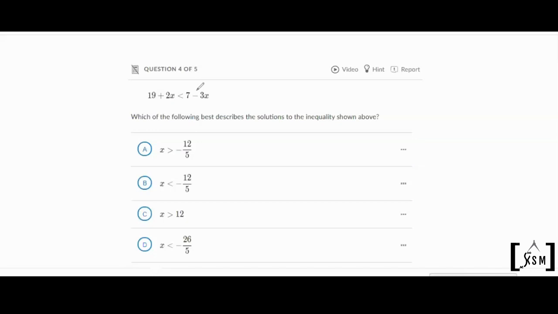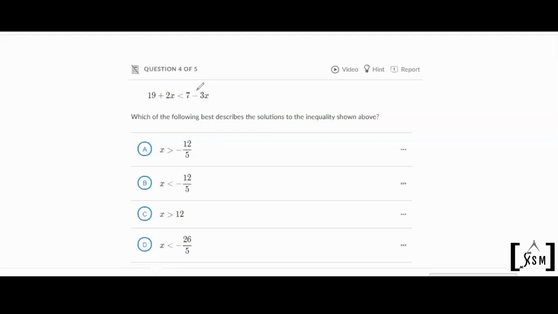Solving question number 4. Again an inequality. Minus 3x will come this side and 19 will go to the other side. So we get 2x plus 3x is less than 7 minus 19.